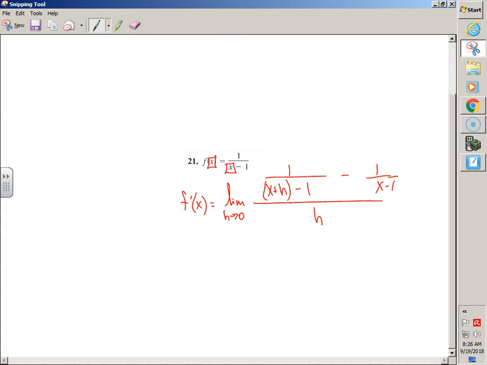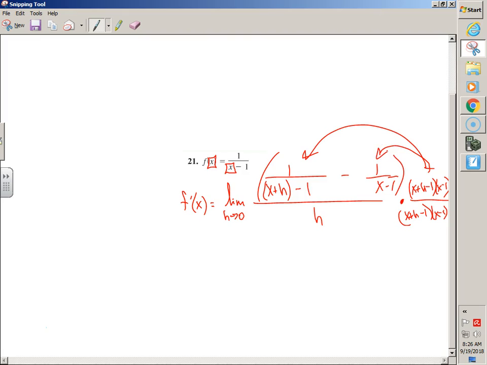How'd you keep going? Because this is a difference quotient, 0 over 0. Let's go. Multiply. So both. Okay. So x plus h minus 1, x minus 1, x plus h minus 1, x minus 1. What happened when you were simplifying?